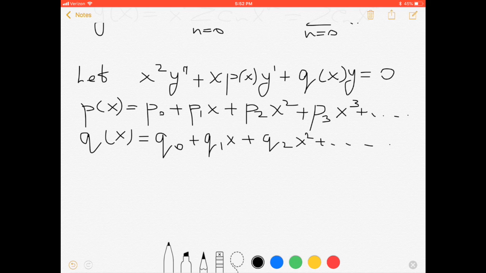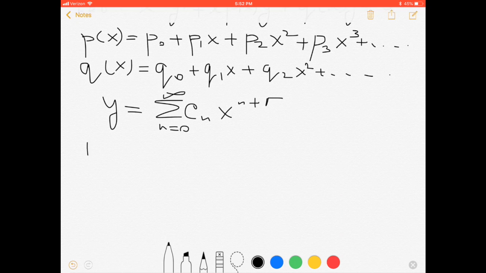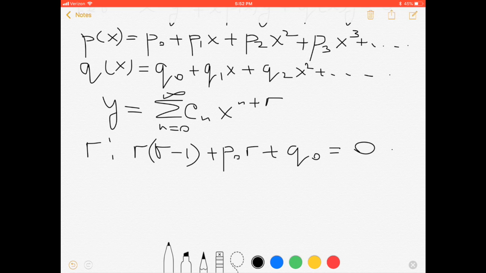If we look for a solution of our equation in the form of this kind of power series, it means our r needs to be a solution of the quadratic equation r(r minus 1) plus p0 r plus q0 equals 0.